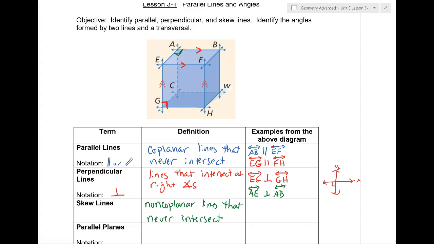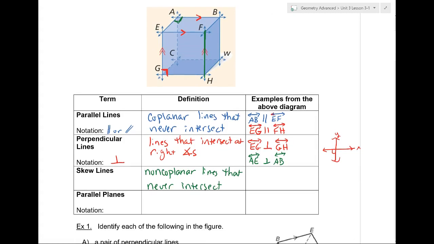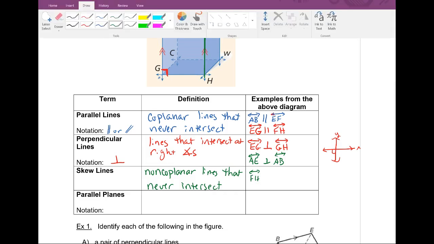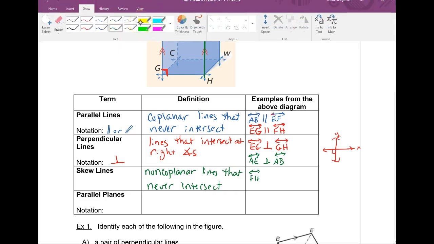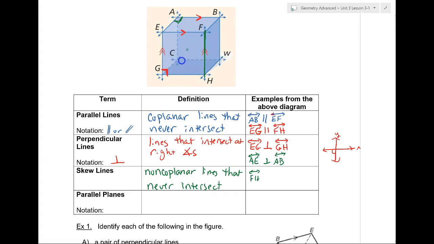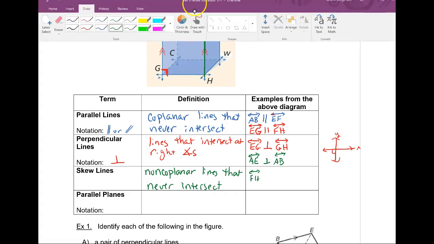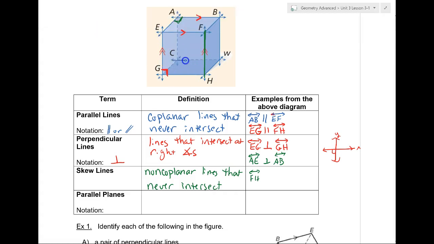So what would be some cool examples here? How about this one? You guys see this line right here, line FH. Now I want you to look back. And I'm going to do line CW over here. Actually, I didn't want to use that color. Try it a little bit different. See line CW?